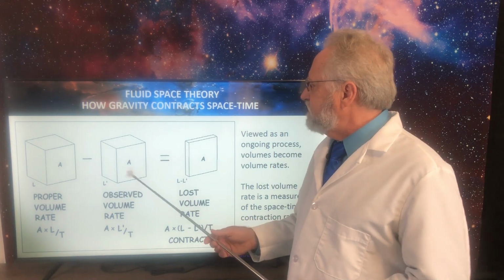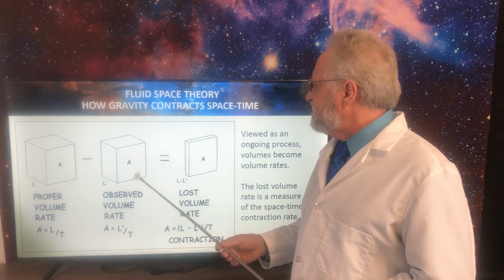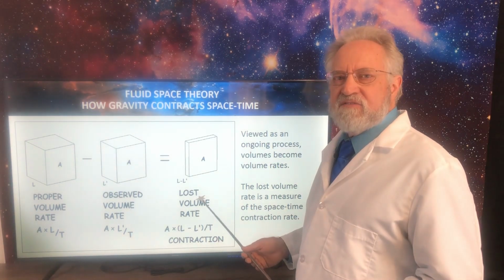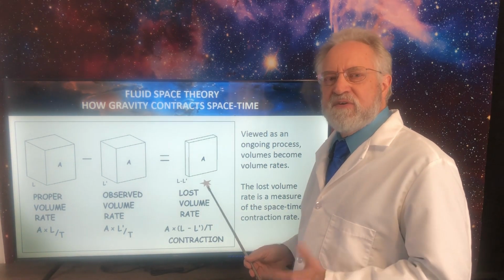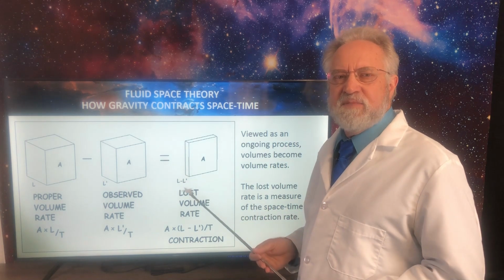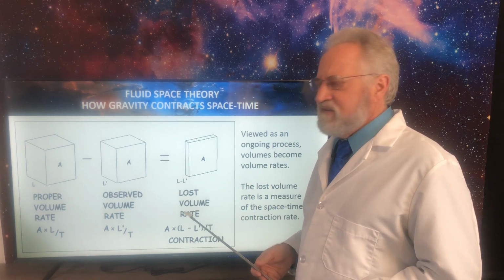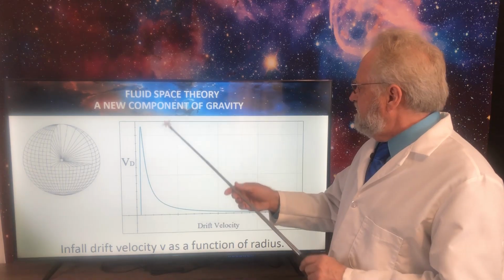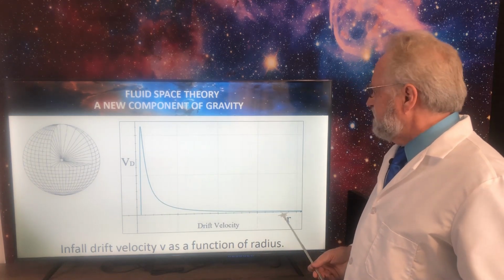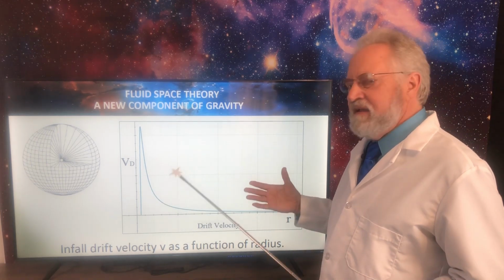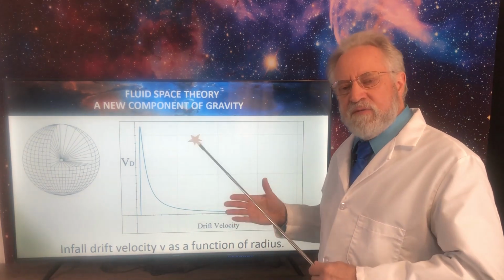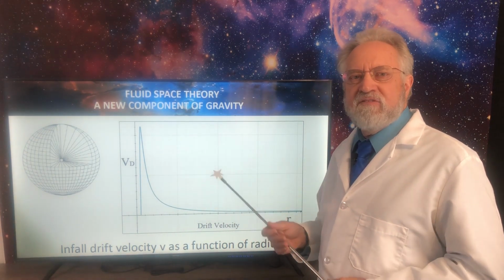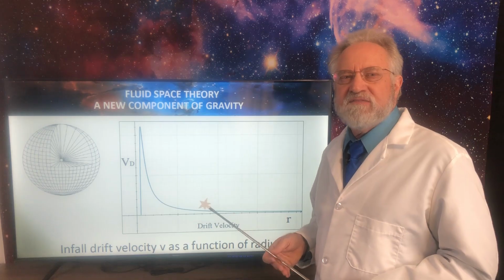So then the difference between the proper flow and the observed flow is the amount of contraction. And that gives you a number for the amount of space that's being contracted as a function of the radius. You get what I call the drift velocity curve. And that's the amount that an object will be drifted inward by the contraction of space-time in a gravitational field.